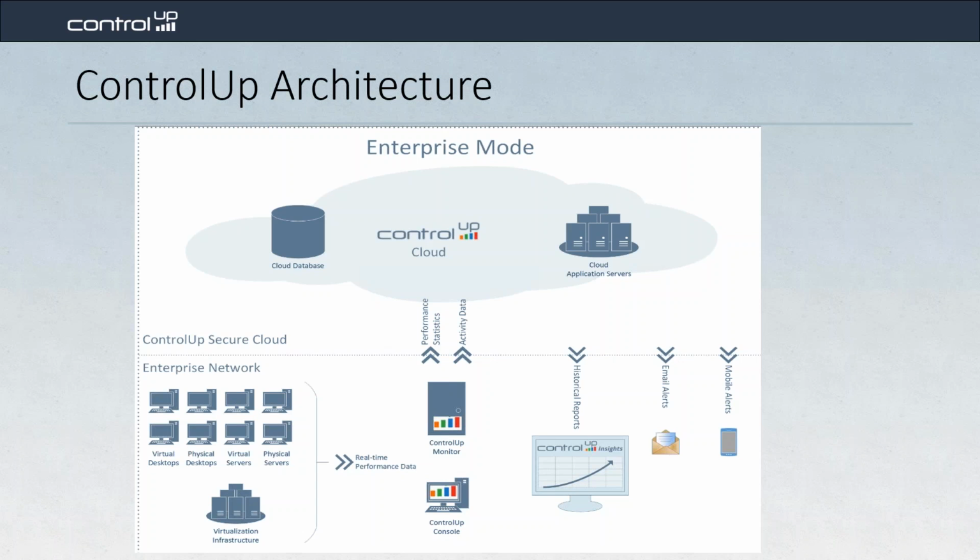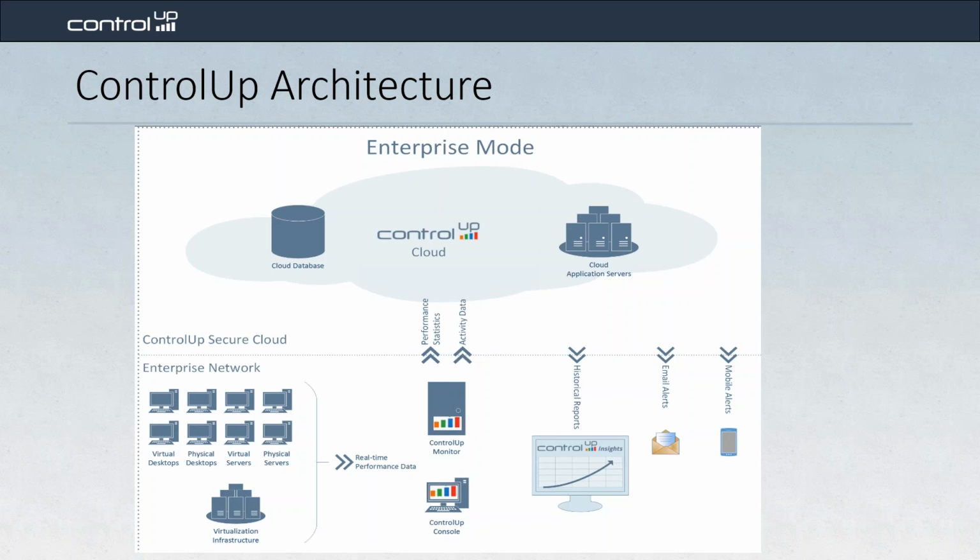By the way, we do have an on-premises deployment option for customers who have compliance issues or for any other reason cannot work with the cloud-based solution. We offer an option to install an on-premises Windows server, which will host the configuration database, the license server, and the historical reporting database. So everything can run on premises.